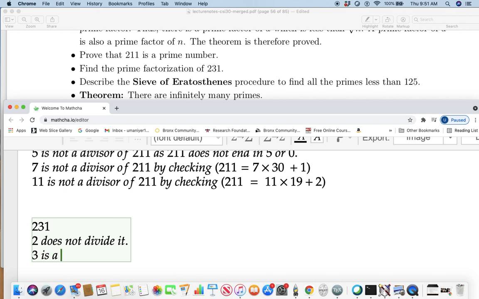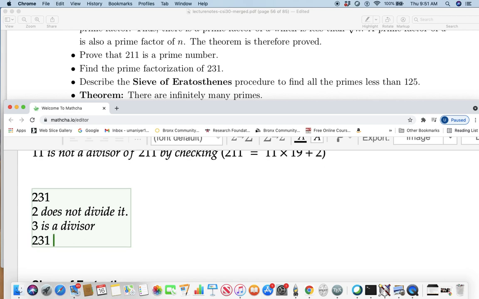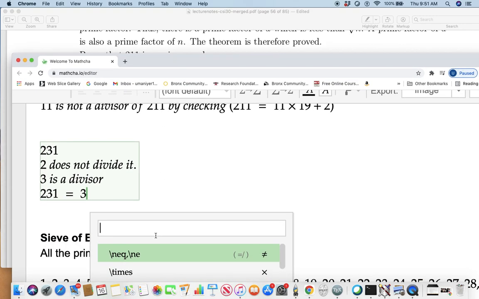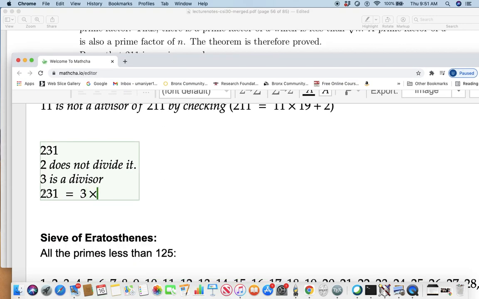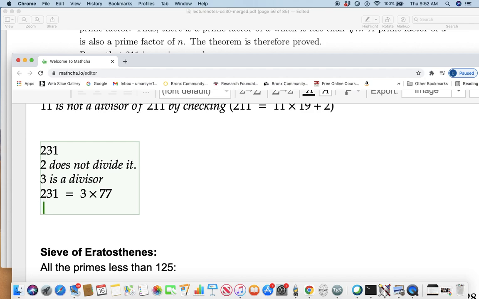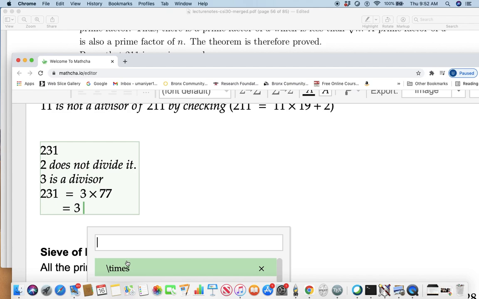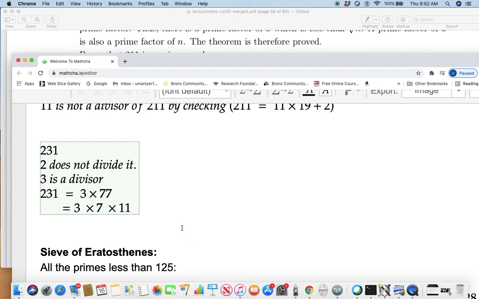So 3 is a divisor. So 231 is 3 times what? 77, right? 21 and 21, that's correct. Now we can factor 77. 7 times 11. All right, and that's it. That's your prime factorization of 231.